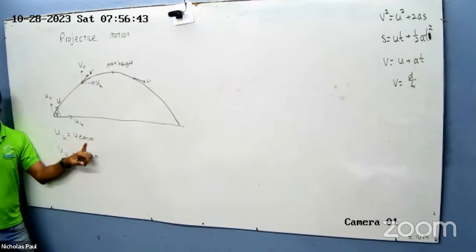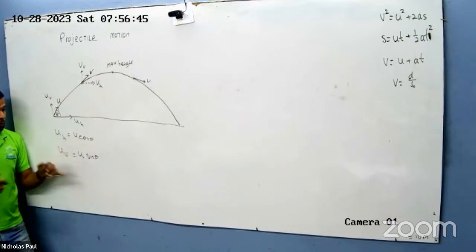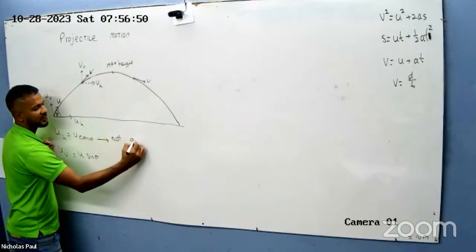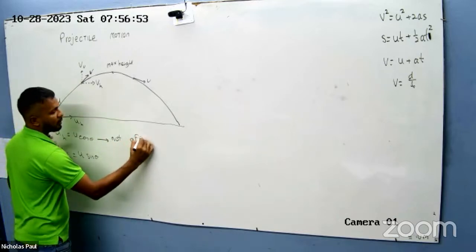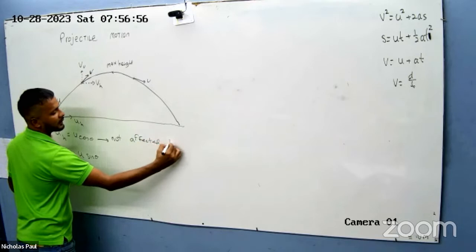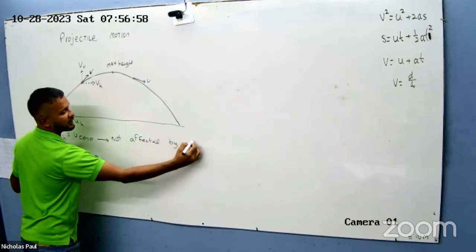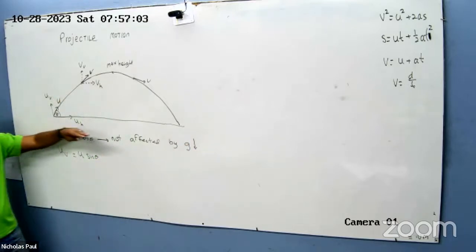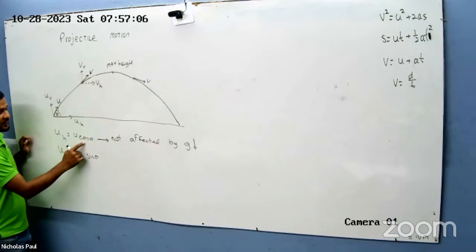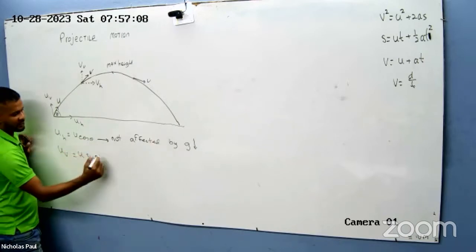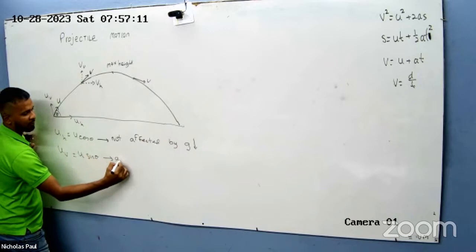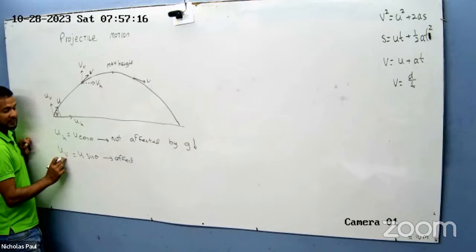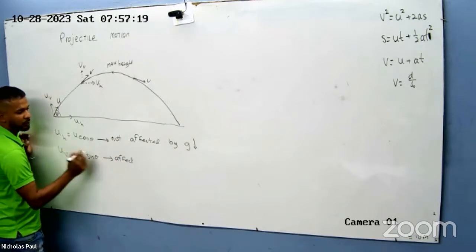Because gravity acts vertically downward. But this particle staying horizontally is not affected by gravity, while the vertical component is. So gravity will change the vertical component, but not the horizontal component.